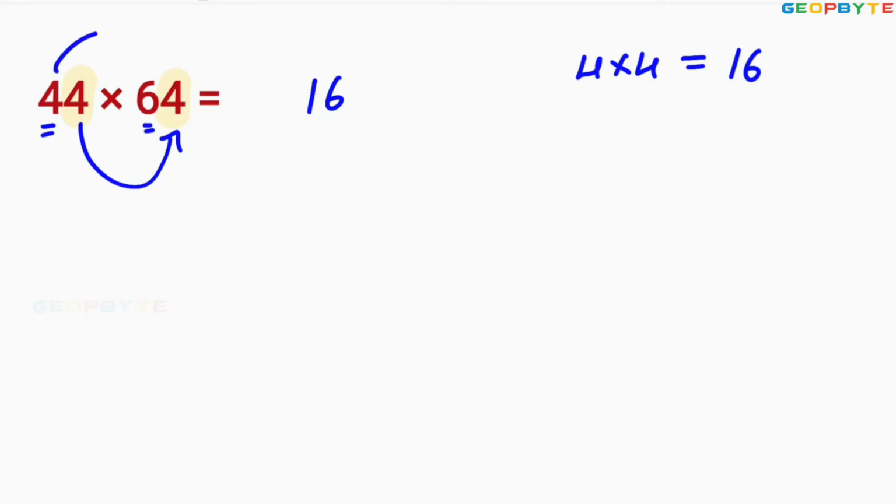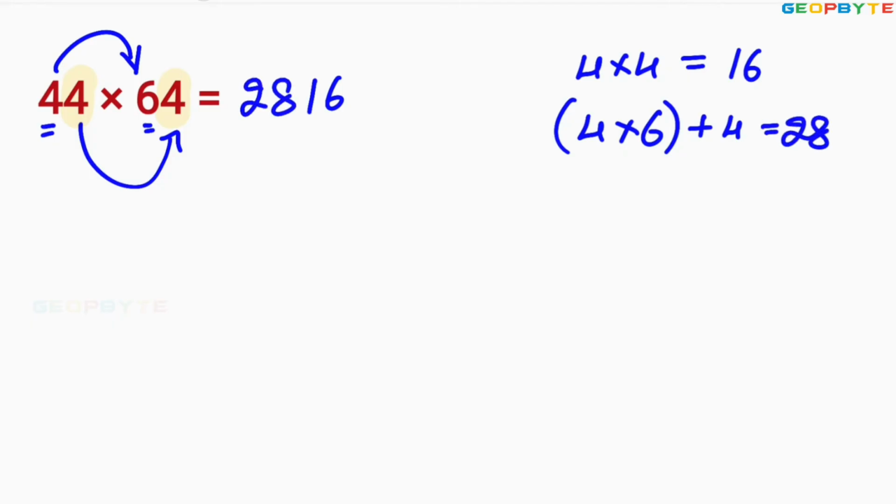Then multiply the tens place digits 4 into 6 plus add the common number. It is equal to 28. Write that value. You got your answer. So 44 into 64 equal to 2816.